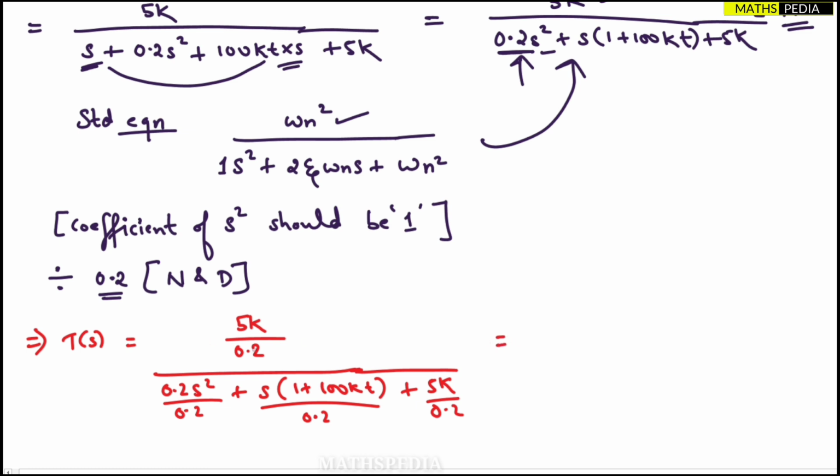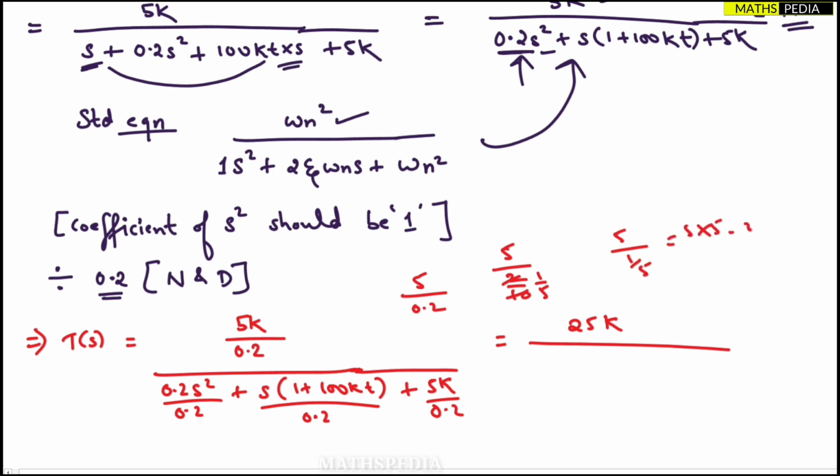So 5 by 0.2, what is 0.2? 0.2 you can write it as 2 by 10, or 1 by 5, so 5 divided by 1 by 5 is nothing but 5 into 5, which is 25. Just put it in the calculator and do that.